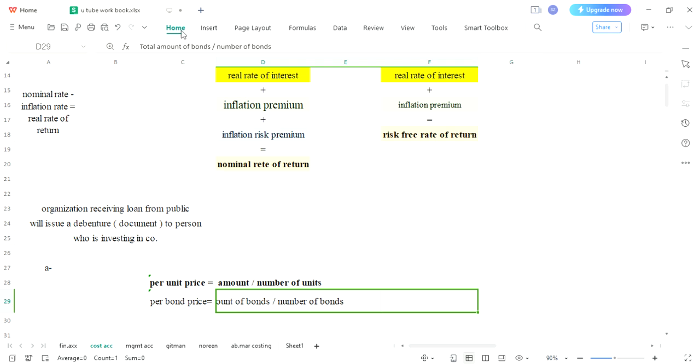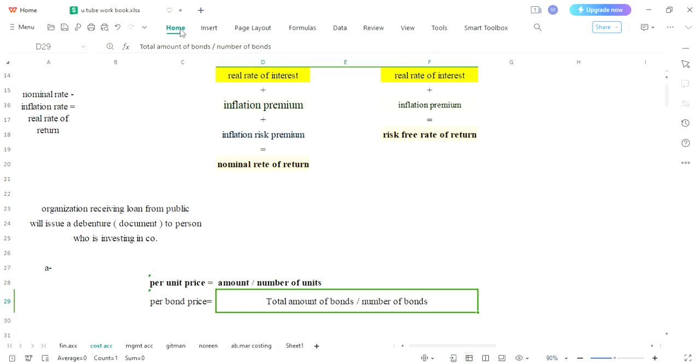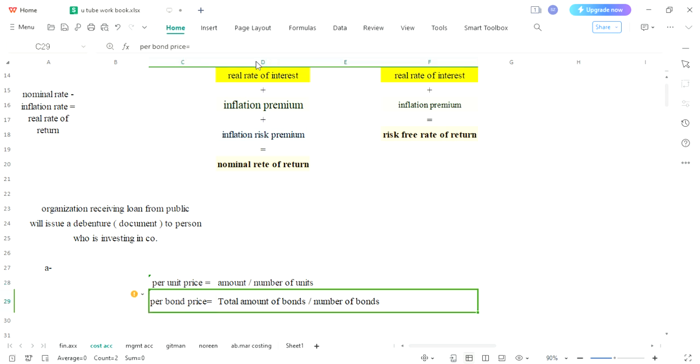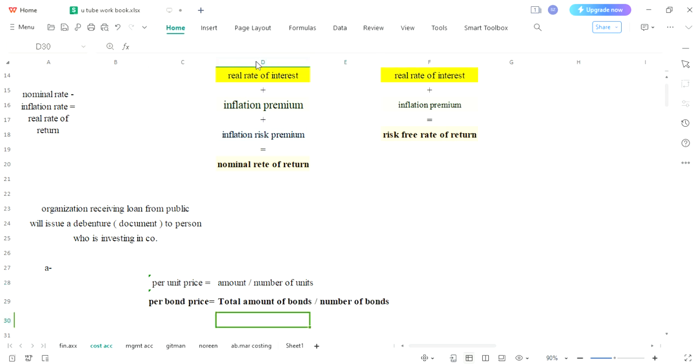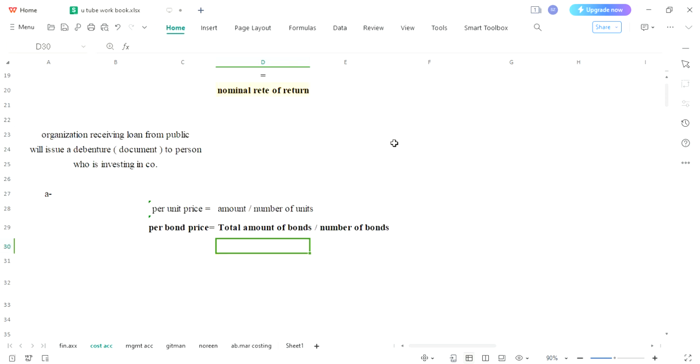Now we are open to calculate per bond price. So let's get back to the question and see what total amount we have received. Total amount of bonds. Look over here. Total principal value is 25 lakh. Same we need 25 lakh, and you need to divide it with number of bonds.